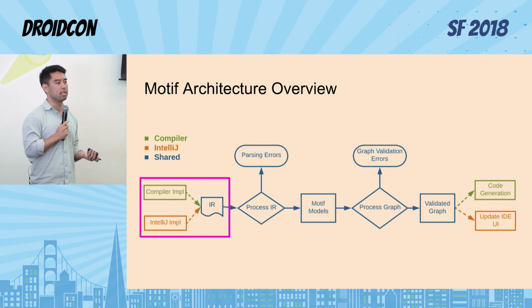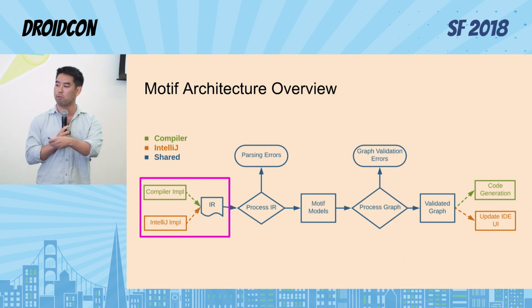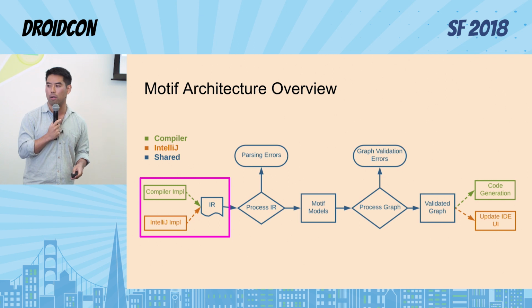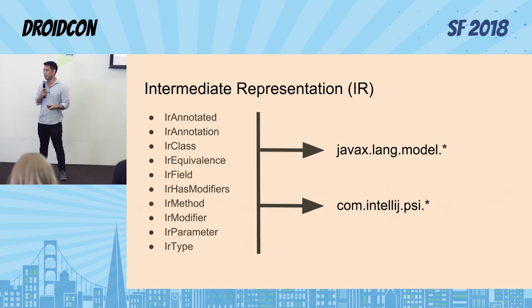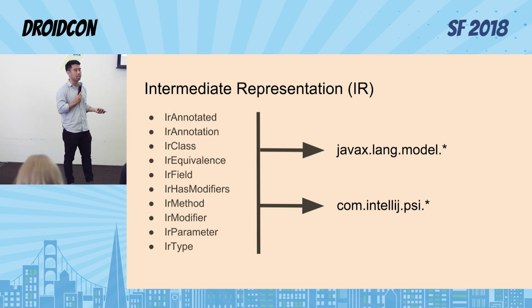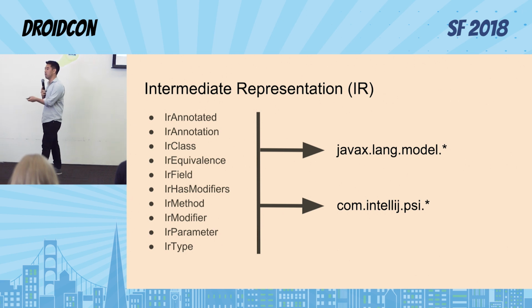But what's great about this is that the subsequent logic and the subsequent flow doesn't know whether or not we're in the compiler or the IntelliJ world. So we'll take a look at this IR for a second. These interfaces on the left are satisfied in two different worlds: the javax.lang.model namespace, which is the annotation processing models, so the annotation processing representation of the Java AST, and the com.intellij.psi models.